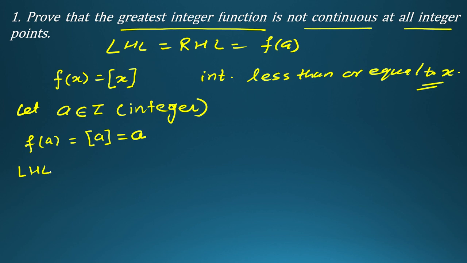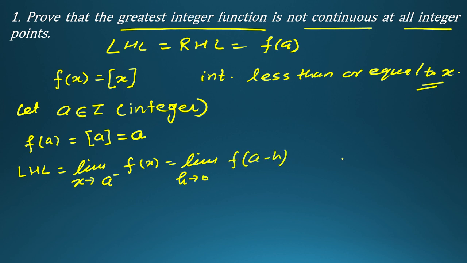Now the left hand limit will be limit x tends to a minus f(x), which is limit h tends to 0 of f(a minus h), which is limit h tends to 0 of the greatest integer of a minus h. If you remember, h is a very small positive quantity.